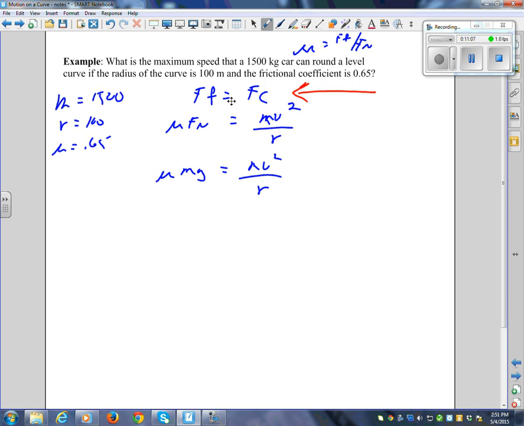Okay, so we know our mu value here. It is 0.65. We know our mass is 1,500 times 9.8. And I guess if I'm interested in making things nice, I really should have my equal sign all lined up.